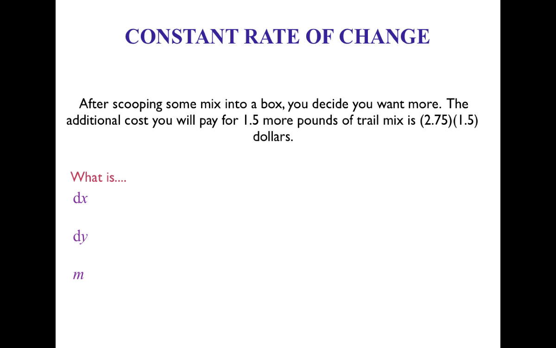So dx is a change in, first of all, change in what? And what is that value in this case? 1.5. Cool. And then dy? What is dy? 2.75 times 1.5. And it represents what? The change in the cost.